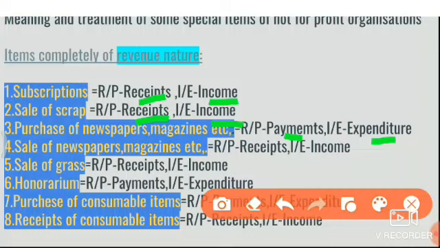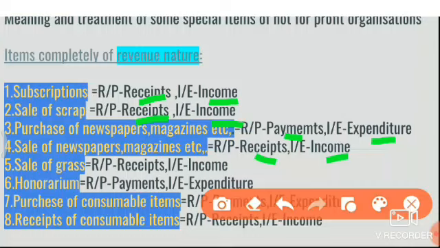Number 4, sale of newspapers, magazines, etc. The sale of used newspapers and magazines, the amount which is received by selling such items, is treated as a receipt in the receipts and payments account, and it is also treated as an income in the income and expenditure account, because the sale of such materials is done on a regular basis by a not-for-profit organization.